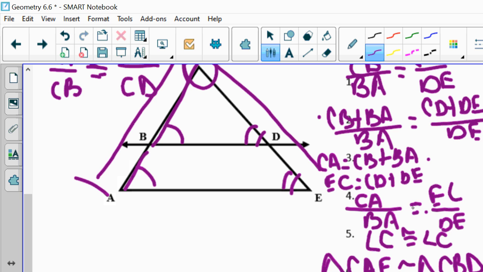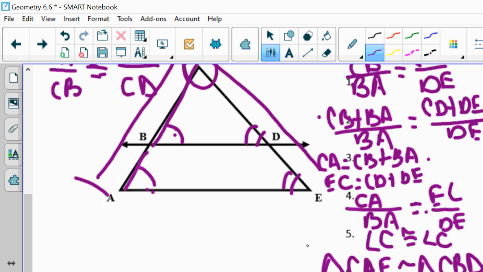So now I have corresponding angles that are congruent. Corresponding angles prove parallel lines. So now I can say that segment BD is parallel to segment AE.